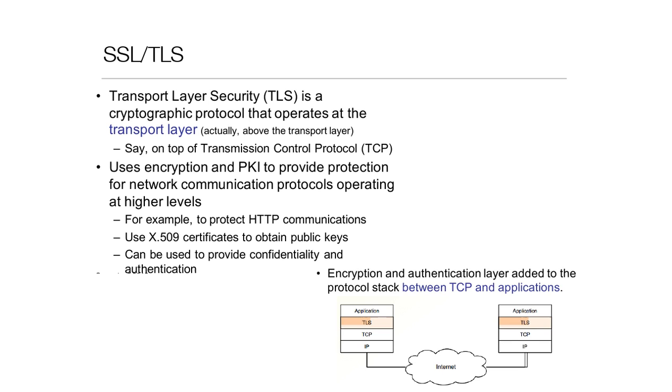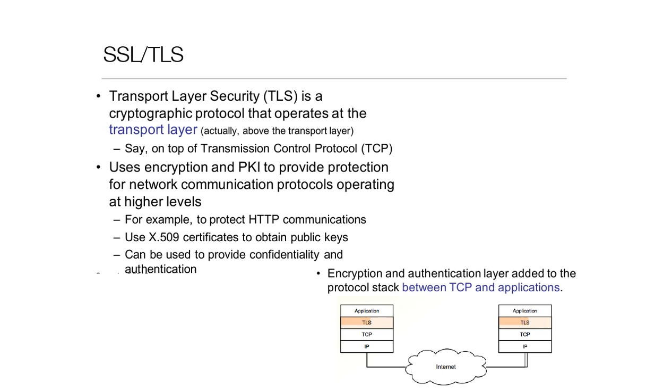Okay, so this is some information about SSL and TLS. Nowadays it is called TLS, not SSL. The older name is SSL, and it is a cryptographic protocol that operates at the transport layer, actually above the transport layer and below the application layer. It uses encryption and public key infrastructure.